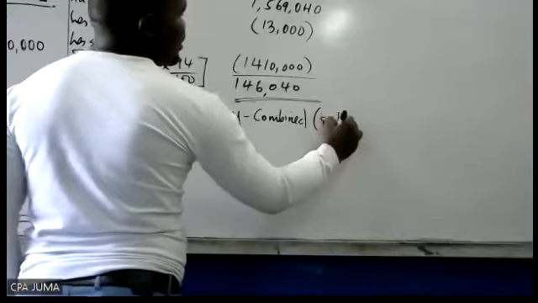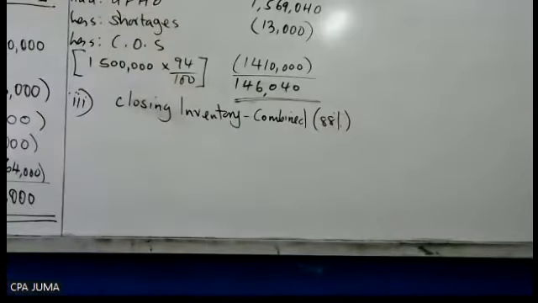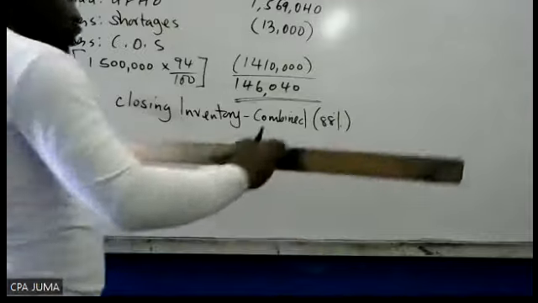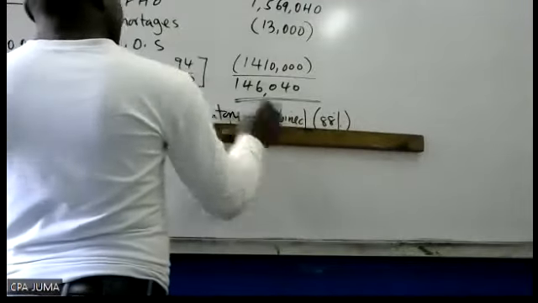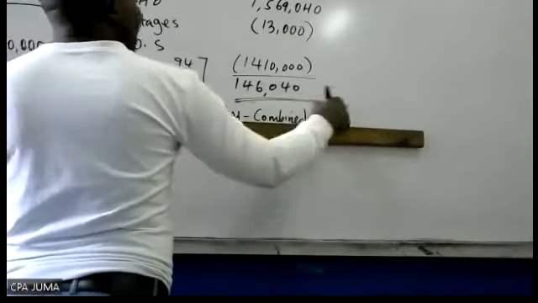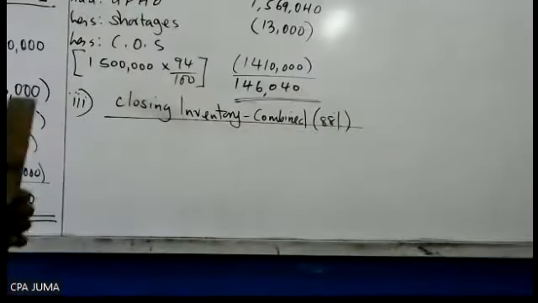In the combined, we also go at what percentage? 88, cost. In a combined, you don't take profits. You record at cost value. Your profit is eliminated. So combined also at 88%.